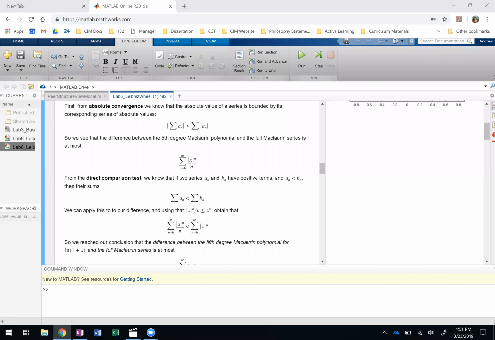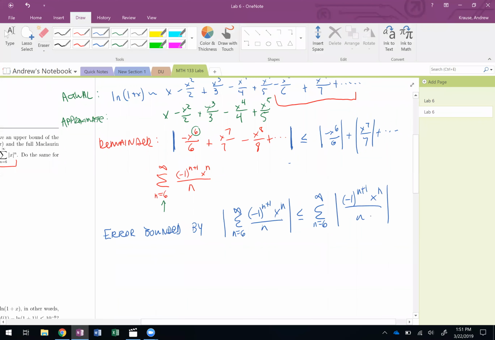So what that gives us then is the absolute value of each individual term, and we're going to go ahead and get rid of the negative. We don't worry about the negative. And we can also think about that n. That doesn't need an absolute value on it either because n is always positive. So this is really the absolute value of x to the n over n.